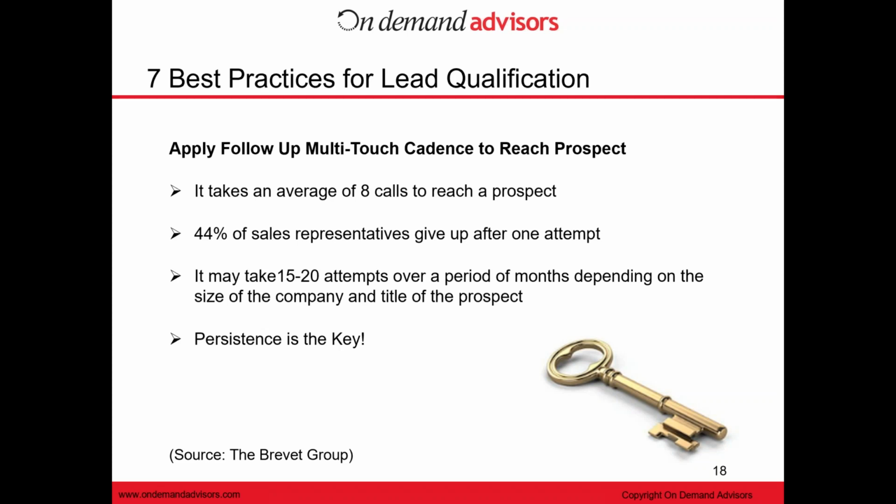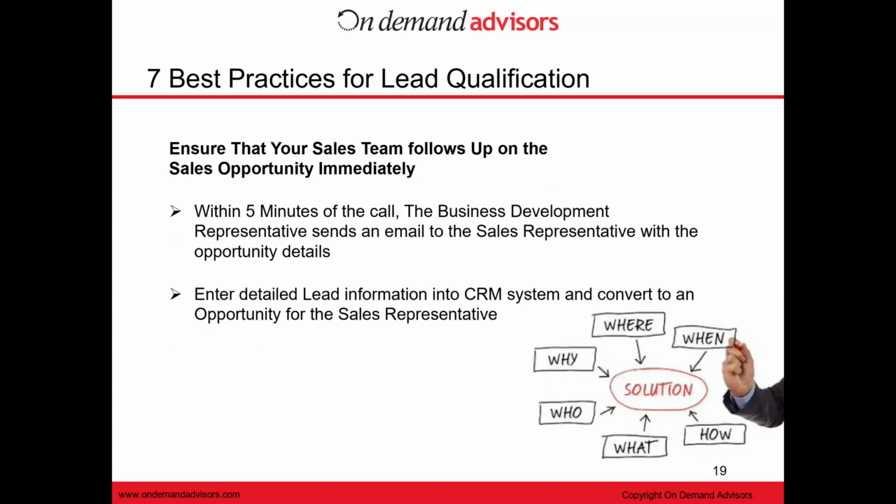Because these prospects, when they raise their hand, have a very short time where they're expressing interest. So they're perishable, as we talk about. Just like going to produce at the supermarket, you've got to consume them quickly. You've got to respond to them quickly. And so being able to have the number of touch points that we talk about to reach and have the persistence is important. We also find that these opportunities then are created for the sales team.